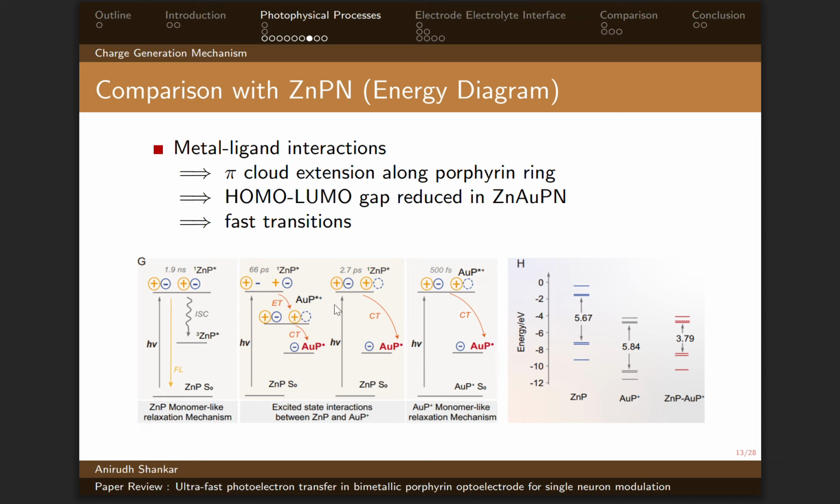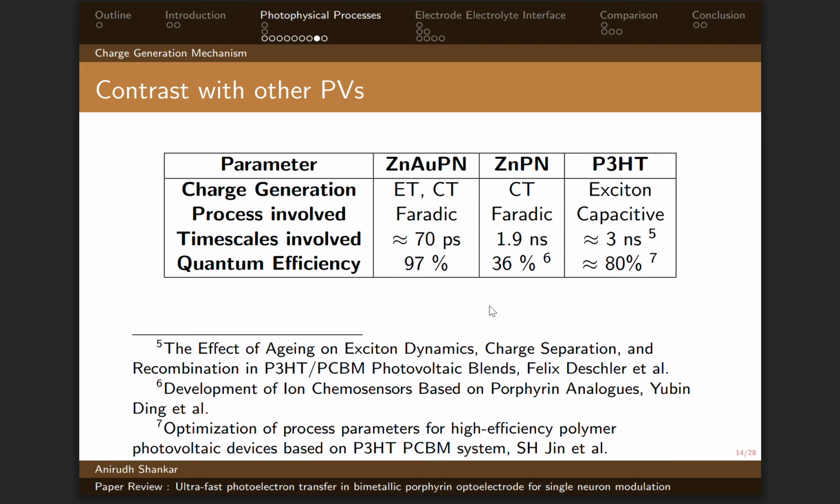The first route, as we saw earlier, is the charge transfer directly from zinc porphyrin to gold porphyrin, which takes about 2.7 picoseconds. And the charge transfer between gold porphyrin plus to gold porphyrin takes only about 0.5 picoseconds, which is 500 femtoseconds.